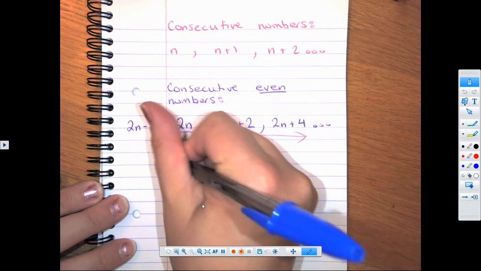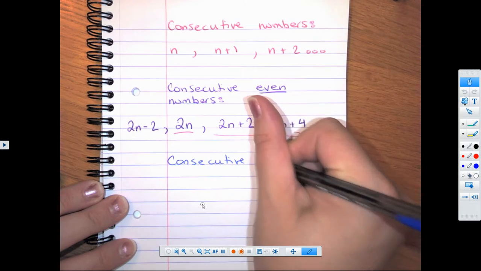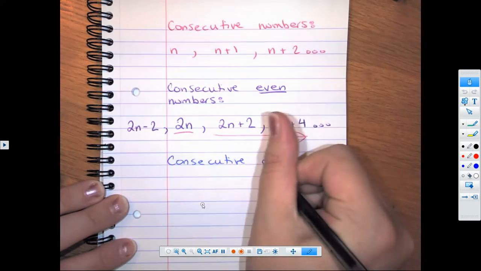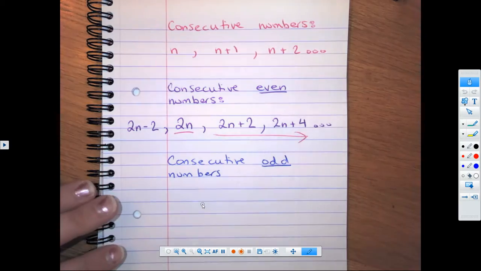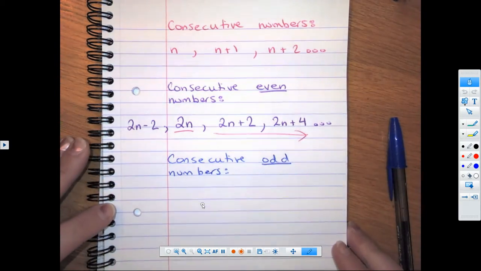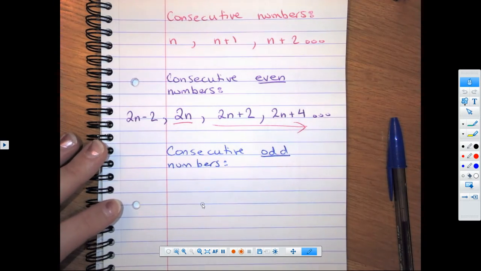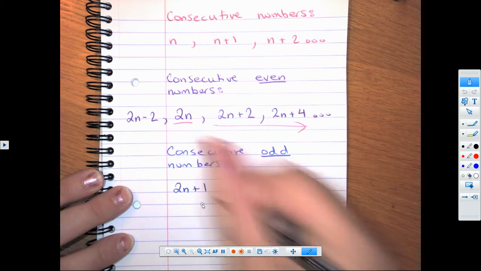And finally, they might ask you to work with consecutive odd numbers. And remember from our definition that odd numbers are 1 apart from an even number. So we have to show this in our generalization. So our first one could be 2n plus 1.